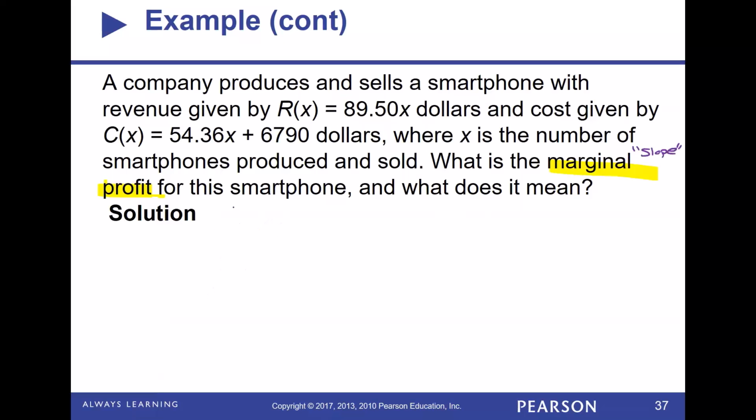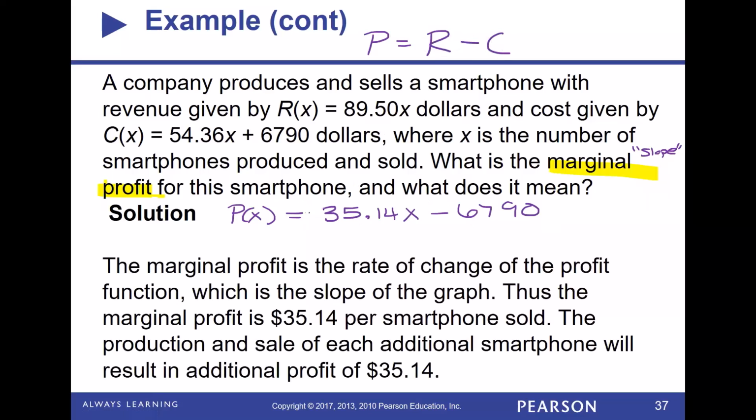Well, let's remind ourselves of what that profit function was. So the profit function that we created, we're going to call it P of X to name it there, was 35.14x minus 6,790. That's what we just did. So we found the profit by basically taking the revenue minus the cost. Once you've done that and simplified it, we then have this in this beautiful format here, and we can identify what is the marginal profit. In our case here, our marginal profit would be 35.14.